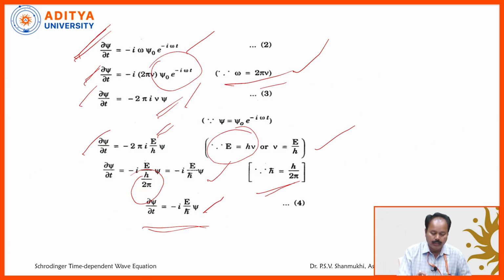So anyhow, here I have written ∂ψ/∂t, and omega is written in terms of linear frequency nu, and afterwards rearranging the terms I got ∂ψ/∂t is equal to minus iE by h cross psi, where h cross is equal to h by 2 pi.